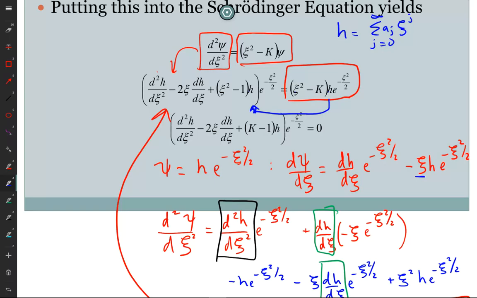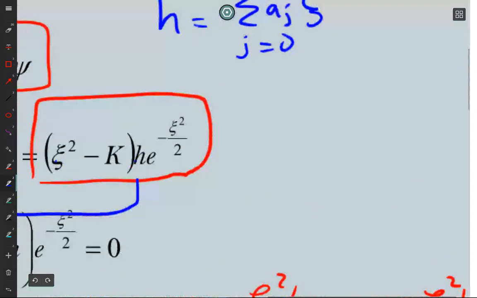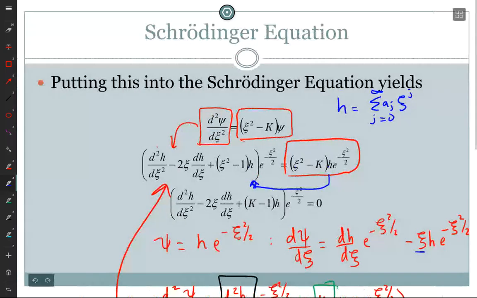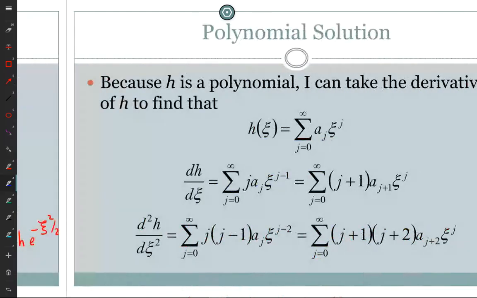So now we're going to work with the stuff inside this parenthesis and say, for us to have a solution to the Schrodinger equation, this thing in parentheses must equal 0. And that did not change this. Now, this thing in parentheses had second derivative, first derivative, and no derivative of h. So now we have to work with h.